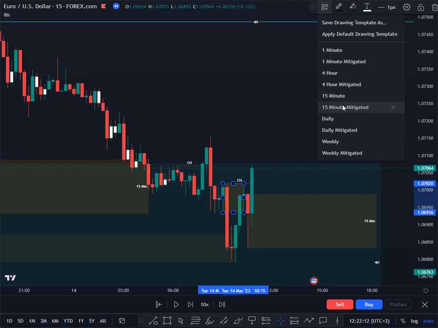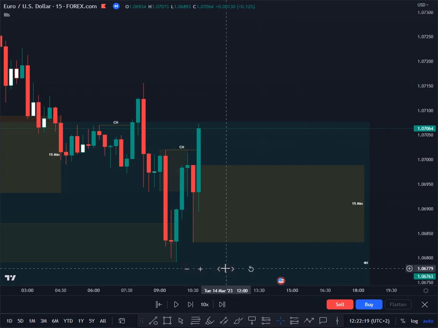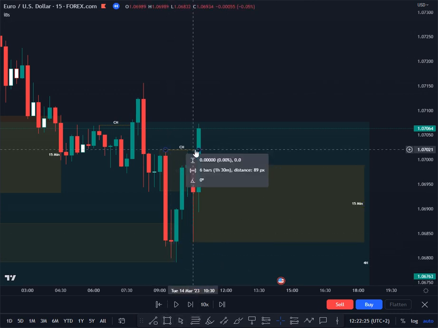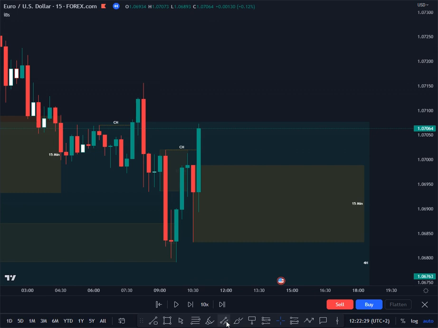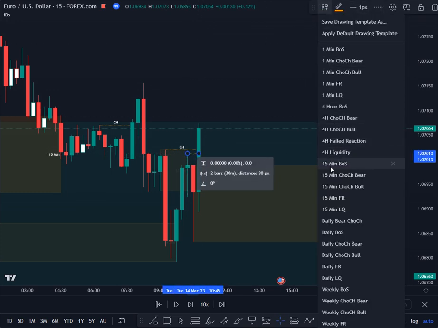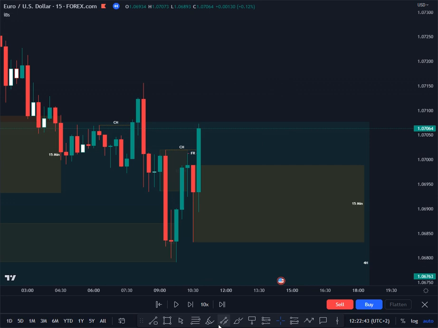I'm doing all of this essentially to build more confluences, to see whether this zone can hold or not, right? So price came into supply, and supply has failed from this point over here. What does that mean?